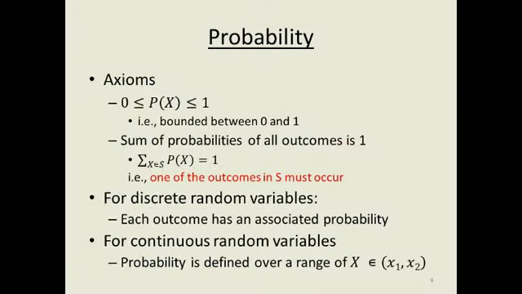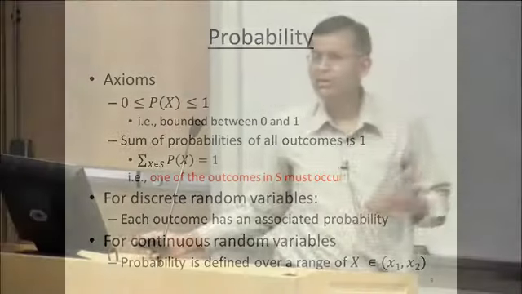However, what does it mean to define a probability for a random variable that takes continuous values? Suppose a random variable can take any value between 0 and 1, what does it mean to say that this random variable has a probability 0.1 of taking the value 0.23456789...? It doesn't really make much sense.